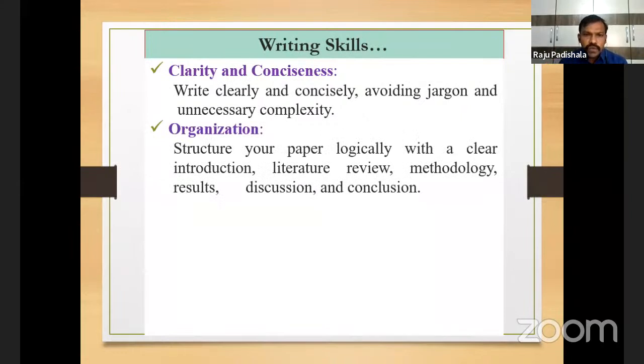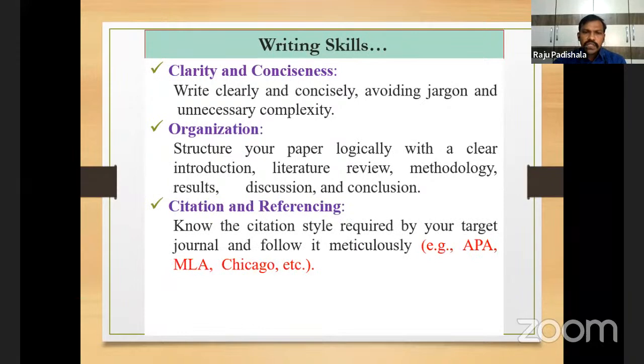Under the writing skills, we must understand the organization of the article. So we have to structure our paper logically with a clear introduction, literature review, and methodology. What are the methods applied for the research, and results, discussion, and the conclusion. We have to clearly organize step by step these points to become a good researcher or write a good paper.